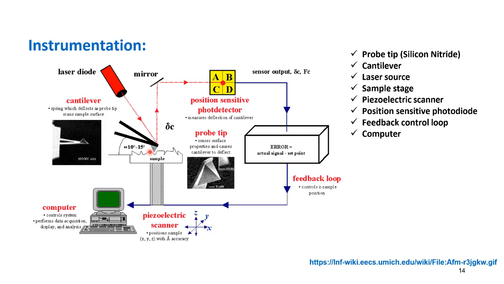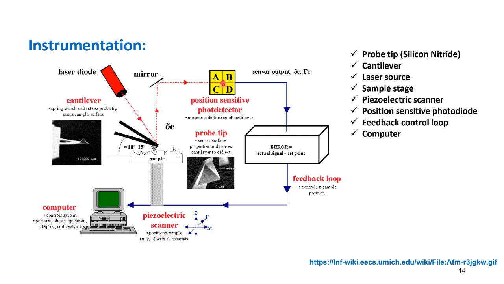Here, when the tip comes in contact with the sample, the cantilever beam will deviate, and because of that, we get information from the photodiode about how much it is deviating.